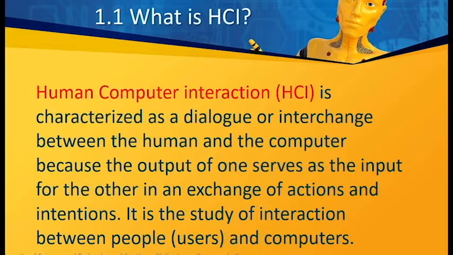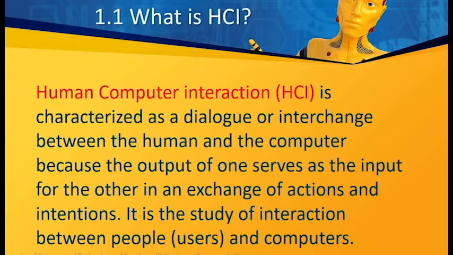As its name implies, class, HCI consists of three parts. We have the user, the computer, and the interaction. When we say user, it's an individual user or a group of users working together. When we talk about computer, we're referring to any technology ranging from desktop computers to large-scale computer systems.